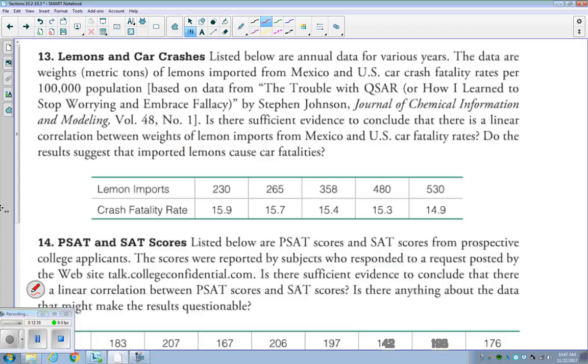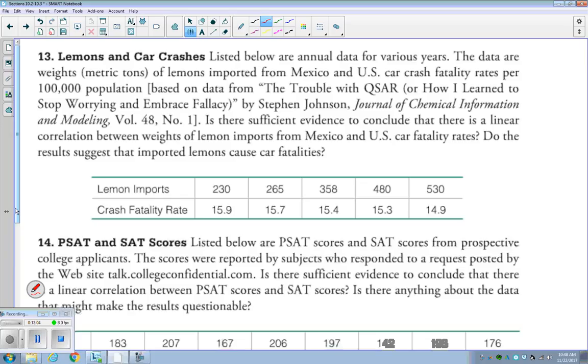So here's one. Lemons and car crashes. Listed below are annual data for various years. The data are weights in metric tons of lemons imported from Mexico to the United States and car crash fatality rates per 100,000 of the population.